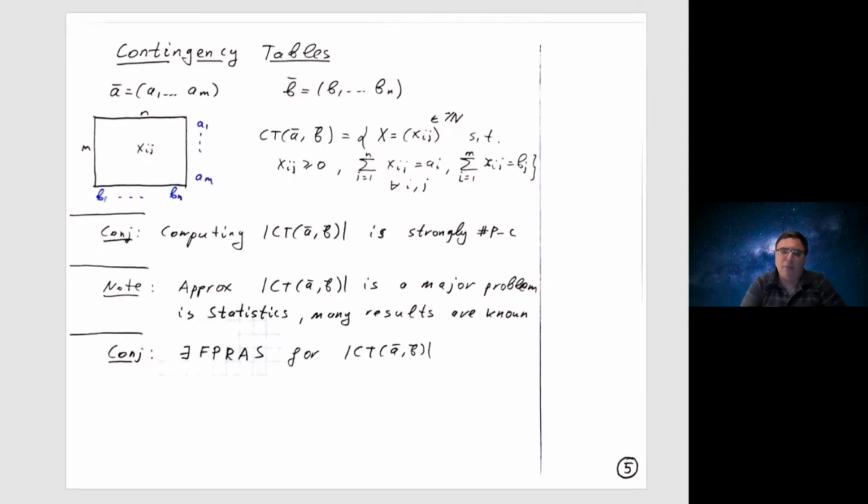Well, before I move on, let me mention that it is also a conjecture that there exists an FPRAS for the number of contingency tables. So what we're conjecturing is that there exists a polynomial time algorithm to approximate the number of contingency tables within 1 plus or minus epsilon. We don't know that either.